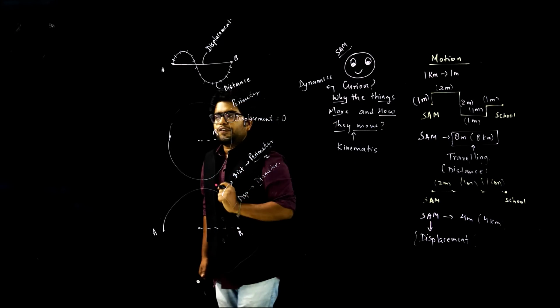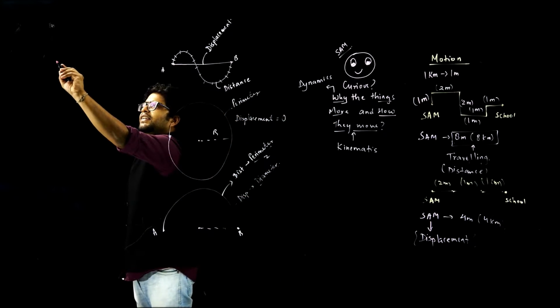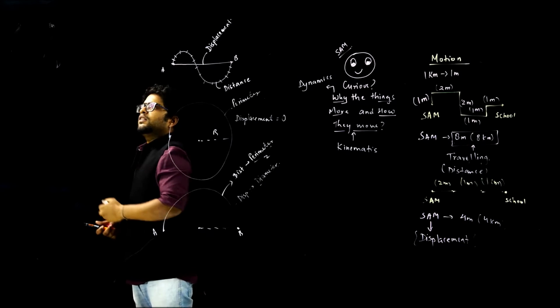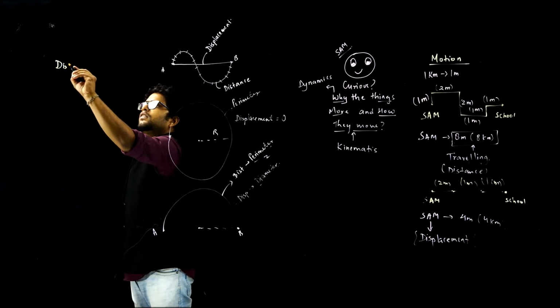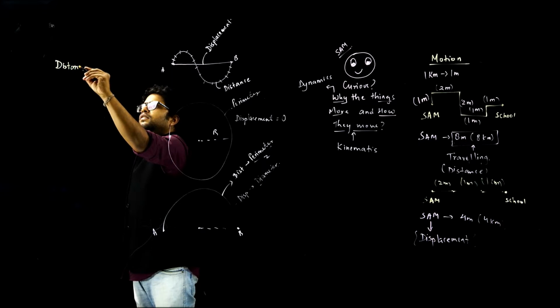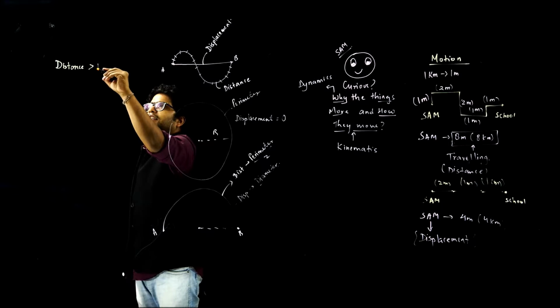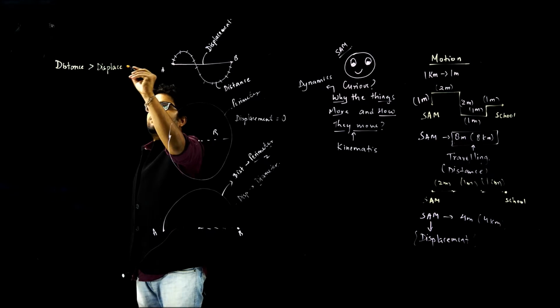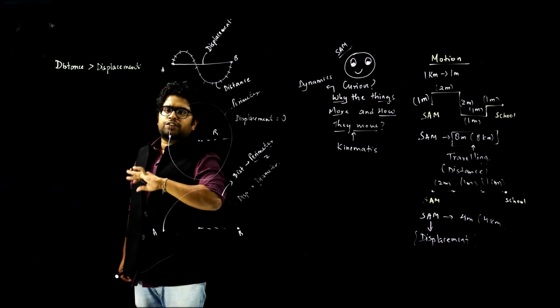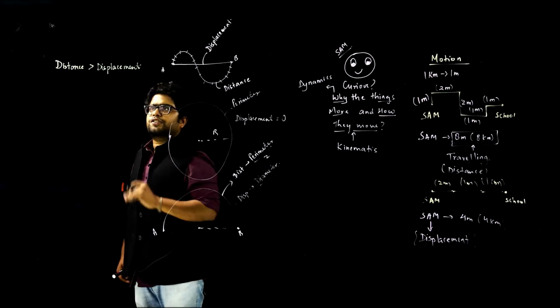So what conclusions can we make here? We can say that distance can be greater than displacement, or we can say magnitude of displacement. We'll talk about magnitude and direction and all those things in a different section altogether.